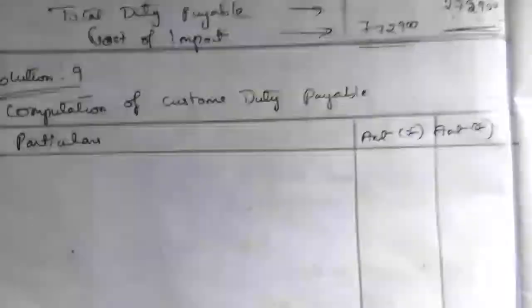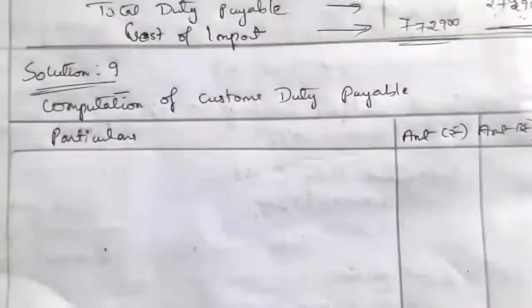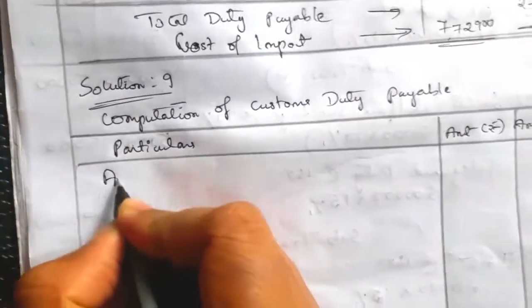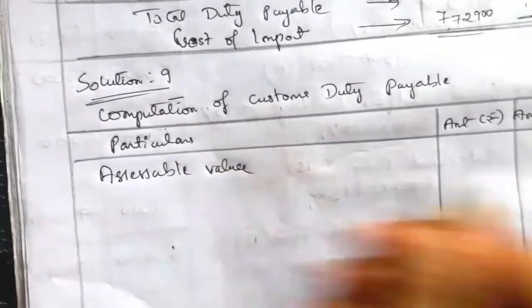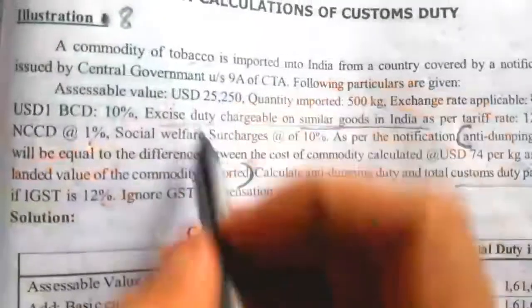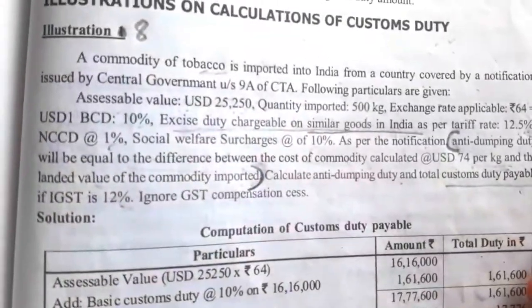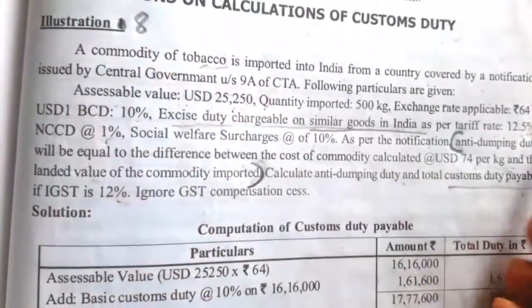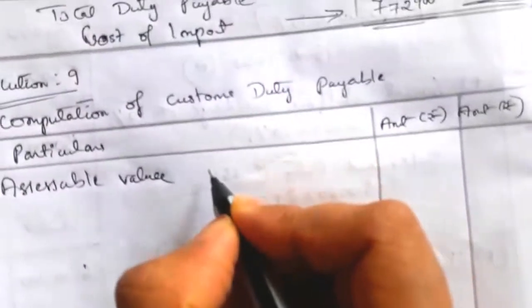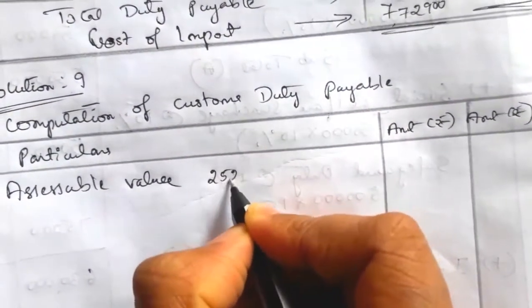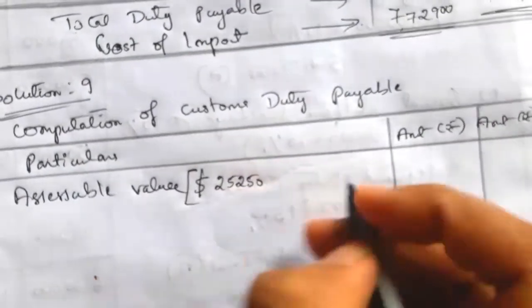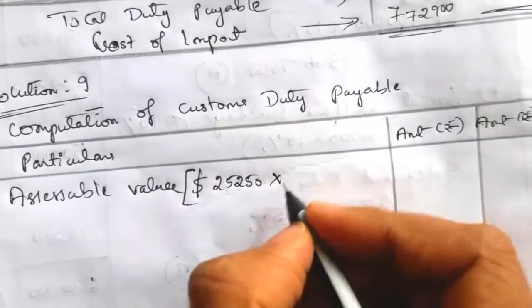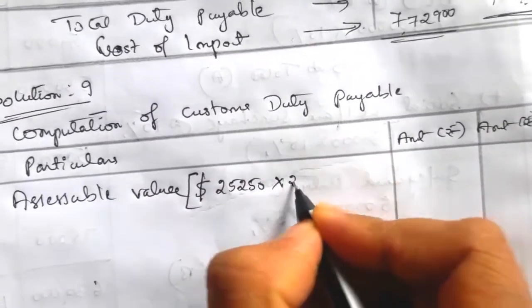Draw 3 columns, particulars and 2 amount columns, computation of customs duty payable. Firstly we will write the accessible value. Here accessible value is not given in rupee but in US dollar, so we have to convert into rupee, that is 25,250 into 64. 25,250 is given in dollars, and we convert it into rupee at 64.